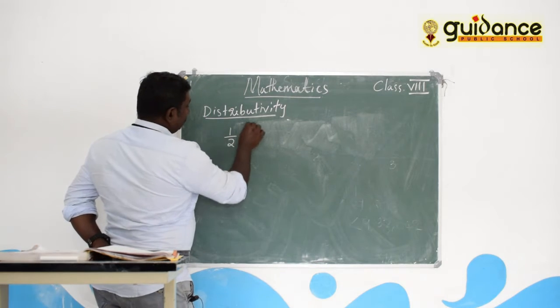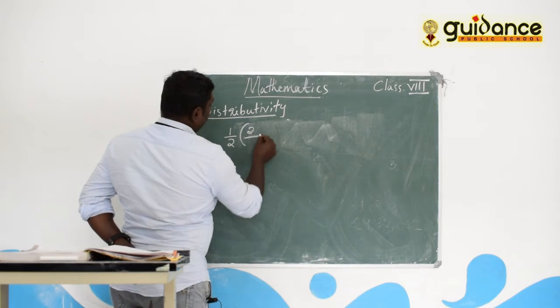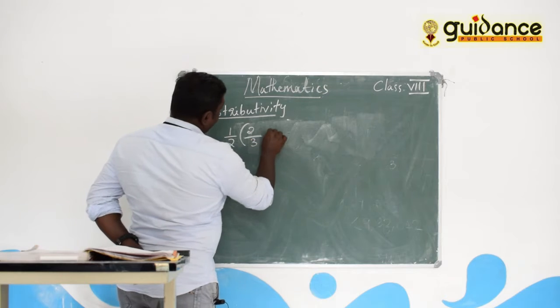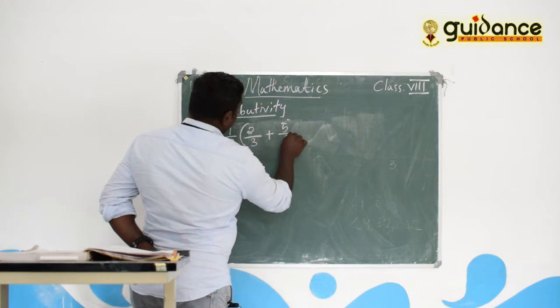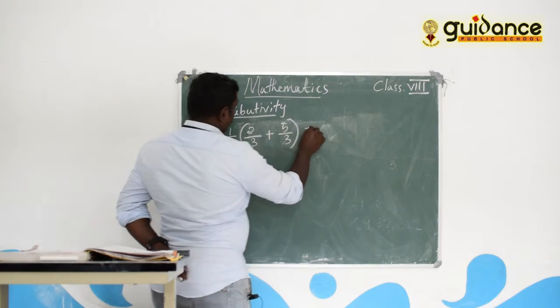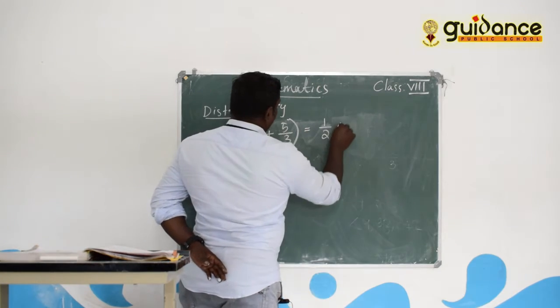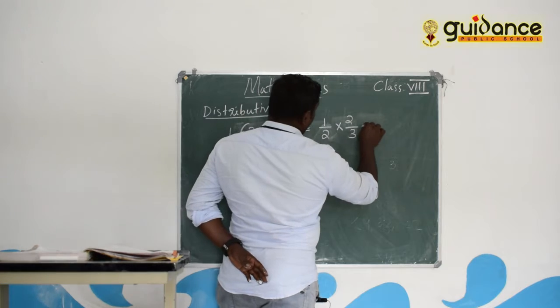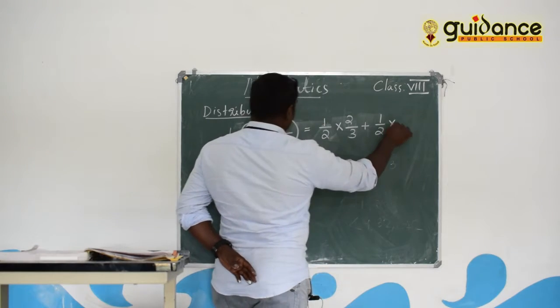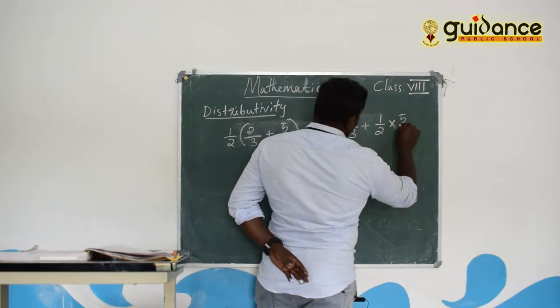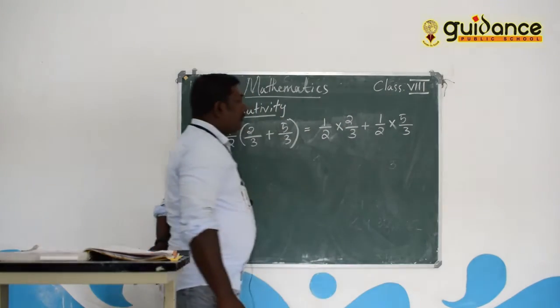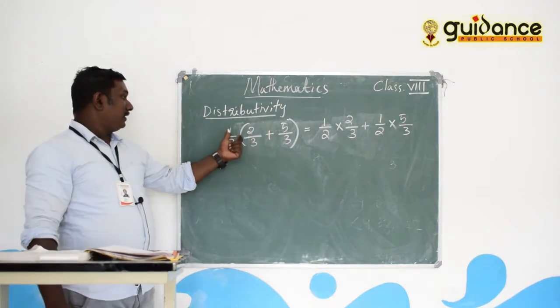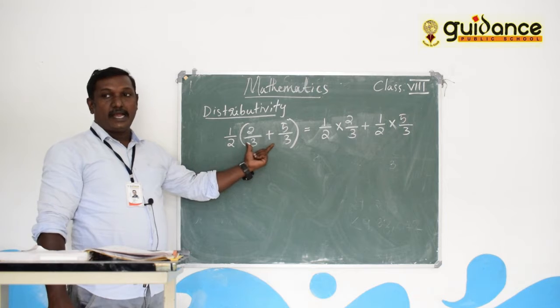One by two into (two by three plus five by three) is equal to one by two into two by three plus one by two into five by three. Look here, the left hand side, inside the bracket we have to do the addition.